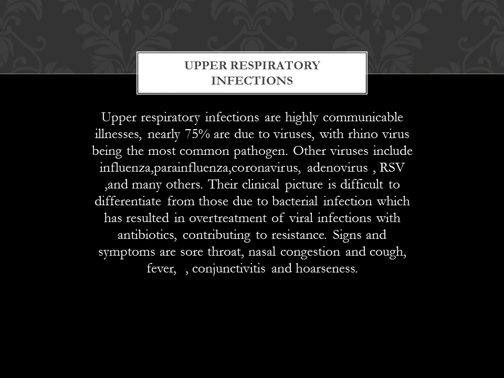Upper respiratory infections are highly communicable illnesses. Nearly 75% are due to viruses, with rhinovirus being the most common pathogen. Other viruses include influenza, parainfluenza, coronavirus, adenovirus, RSV, and many others. The clinical picture is difficult to differentiate from those due to bacterial infection, which has resulted in overtreatment of viral infections with antibiotics, contributing to resistance.